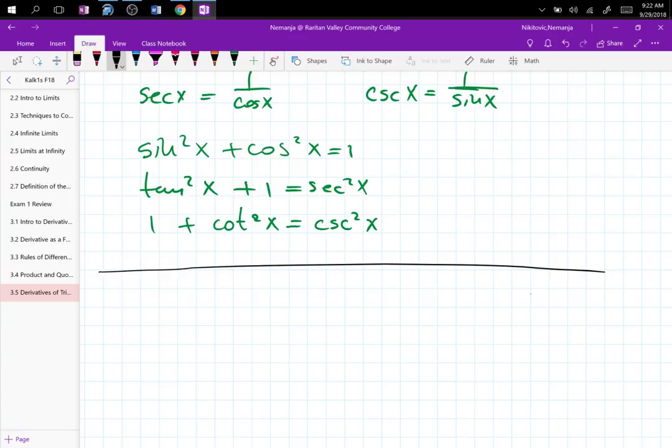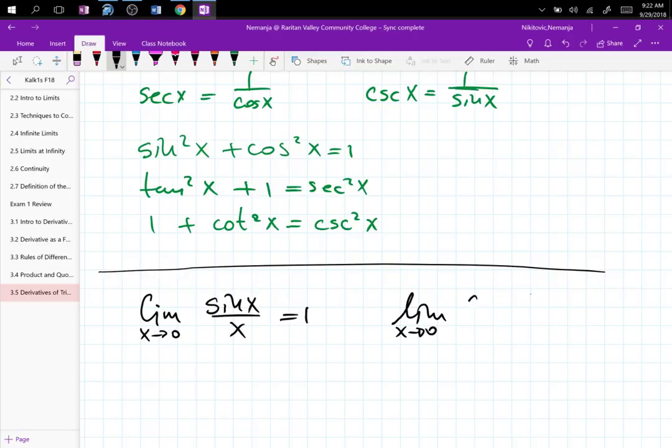So the first one of those is that the limit as x goes to 0 of sine x over x is equal to 1. And the other one is the limit as x goes to 0 of cosine x minus 1 over x is equal to 0.